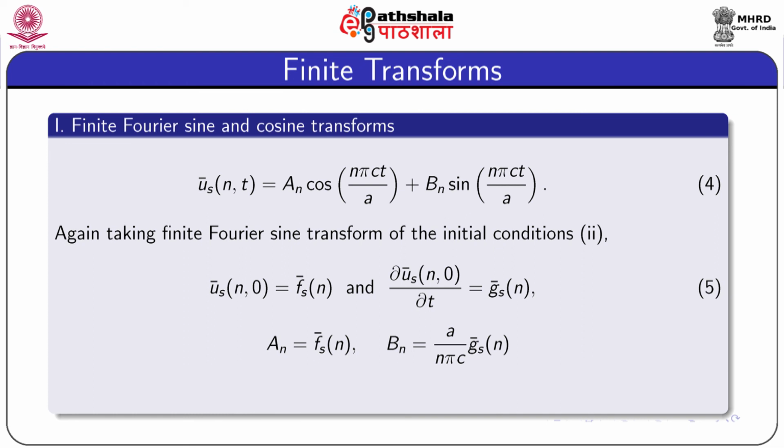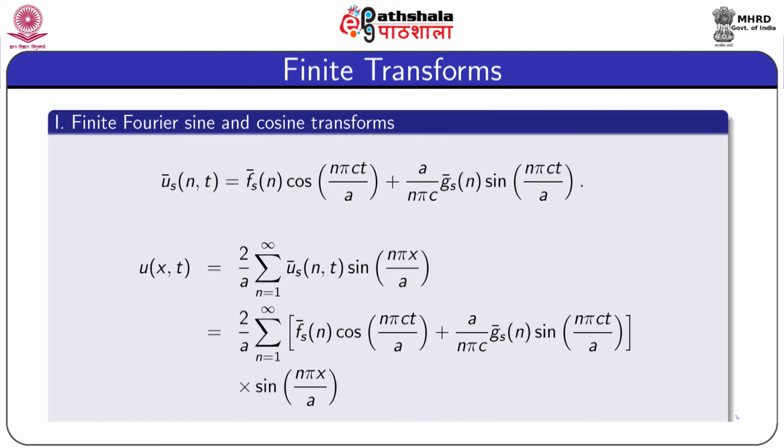So substituting these values of a_n and b_n in equation 4, we obtain the expression for u_s bar as f_s bar into cos n pi ct by a plus a by n pi c into g_s bar into sin n pi ct by a.